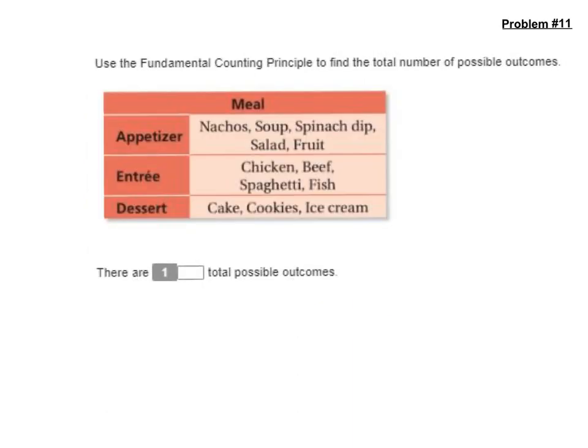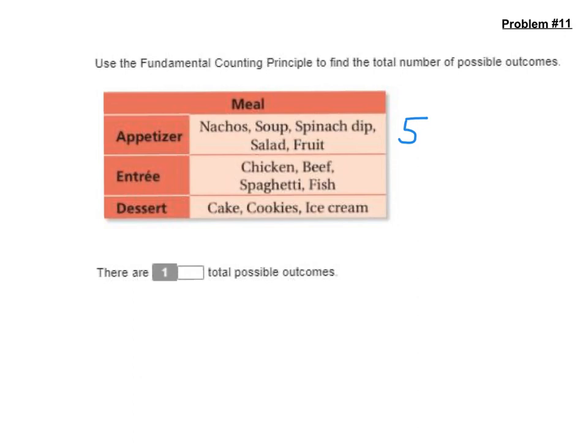Okay, again, we're going to use the fundamental counting principle to find the total number of possible outcomes, and this is for a meal. For the appetizer, you have the choice of nachos, soup, spinach dip, salad, or fruit. That means 1, 2, 3, 4, 5 different outcomes.